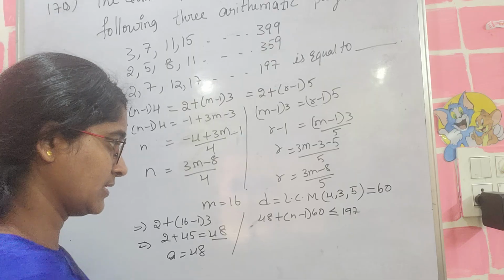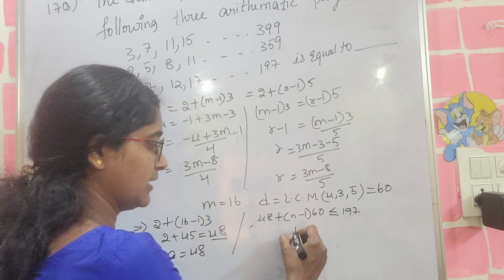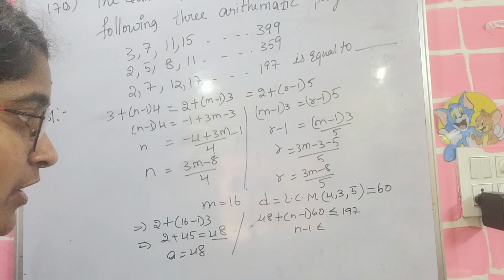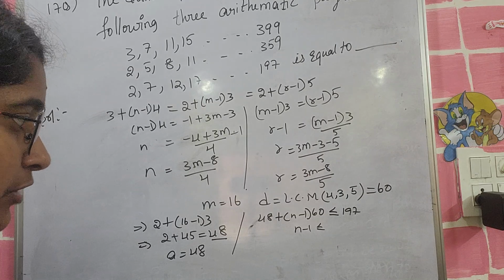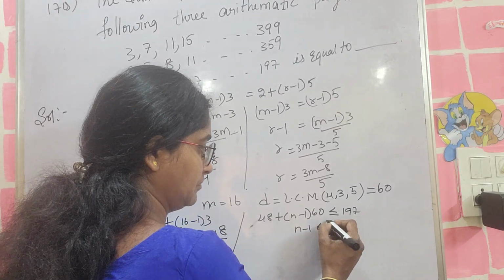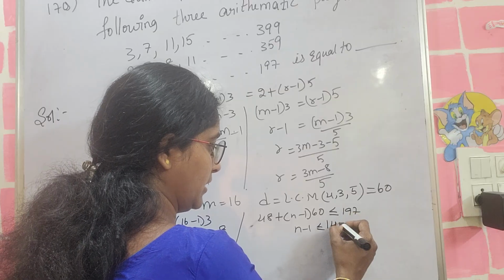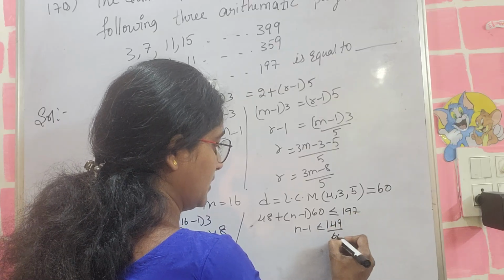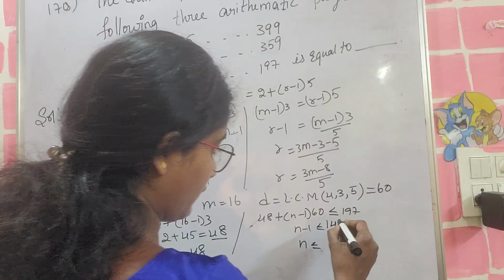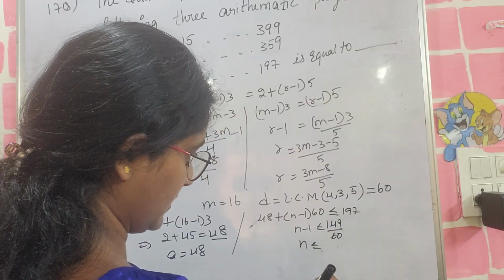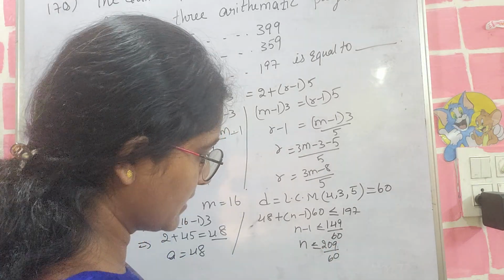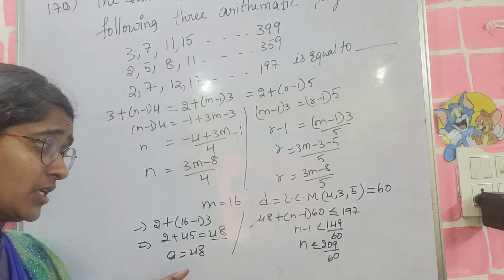Moving 48 to that side, n minus 1 is less than or equal to 197 minus 48, which is 149, by 60. Then sending 1 to that side, n is less than or equal to (149 plus 60) by 60, that is 209 by 60.